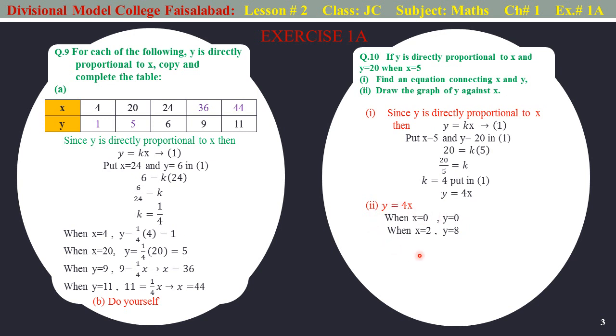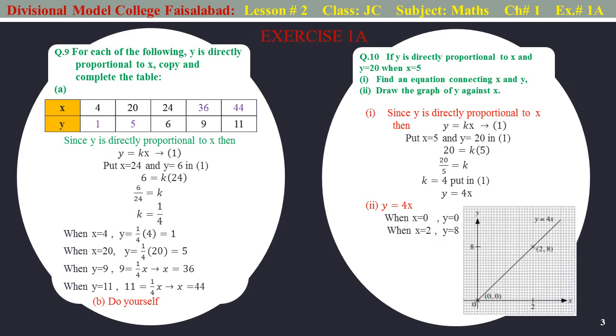Now we will take a graph, and on that graph we will plot these 2 values, and we will join these 2 points to get a straight line. This is your x-axis. This is your y-axis. On this x-axis, 2 squares is equal to 1, and this is 2, and this is 8 on the y-axis. You can take it as 2, 4, 6, 8.